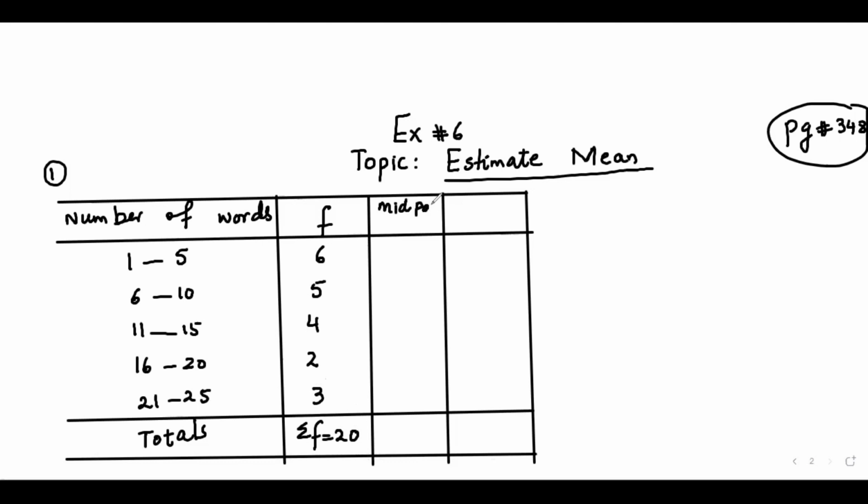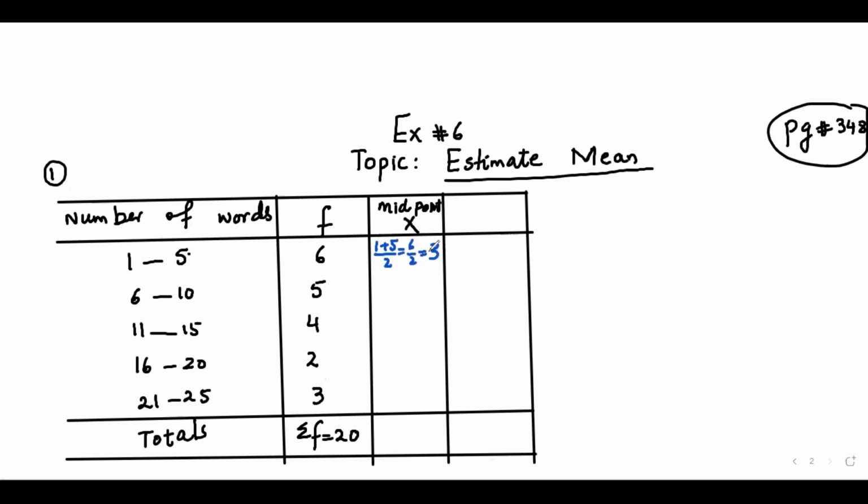What is a midpoint column? To find this value of x, you take the lower class boundary and the upper class boundary, add these two values and divide by 2. Write it on your calculator like this: 1 plus 5 divided by 2. So 6 divided by 2 is 3.